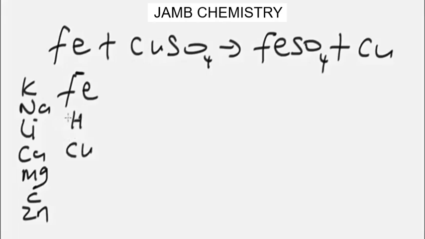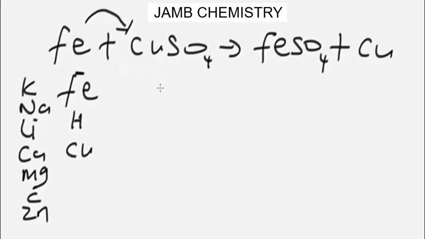In displacement reaction, a more reactive metal will displace a less reactive metal from its compound. So in this reaction, iron is more reactive than copper. So iron will be able to displace the copper we have here. That's why we now have iron sulfate, and the copper atom is displaced.